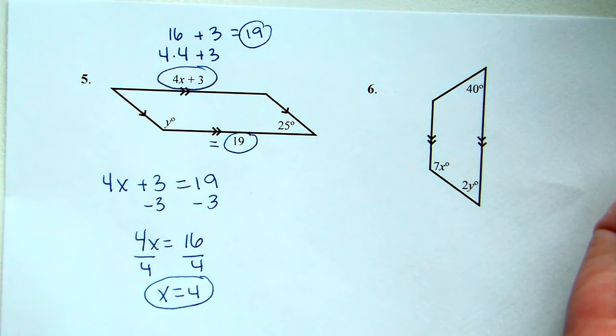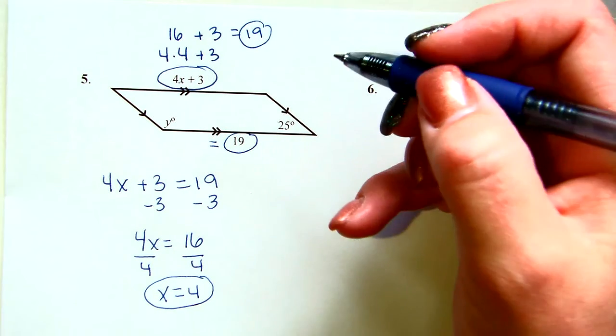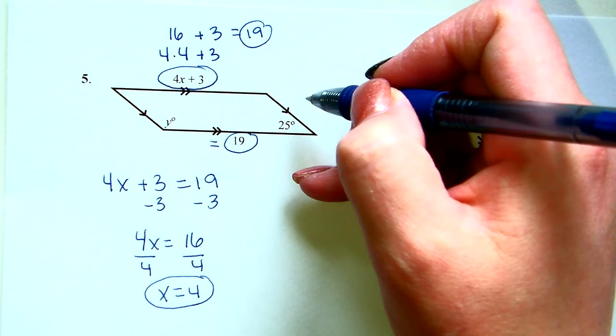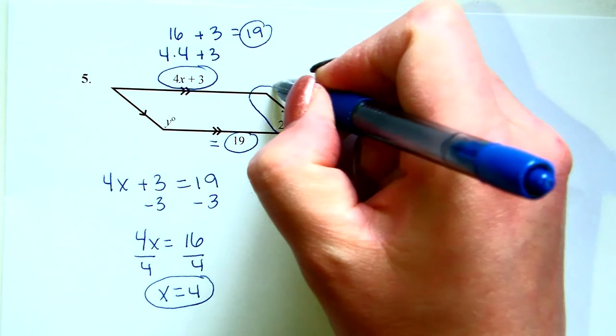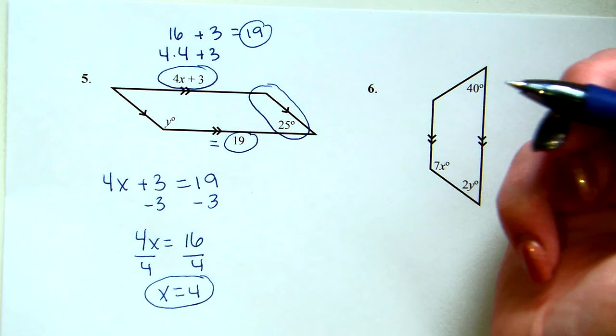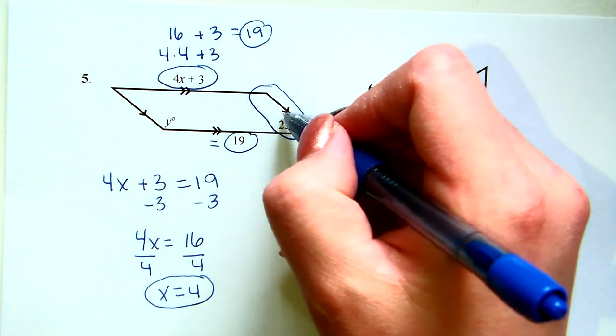Now, just as in a trapezoid we have a set of supplementary angles, we have the same thing here. The 25 and this empty space up top add together to give us 180 degrees. So, what I'm going to do is find out what this should be.